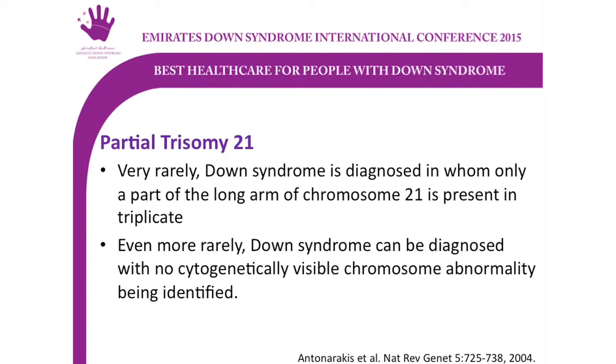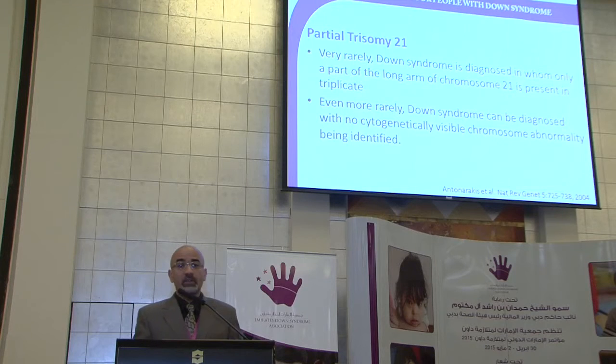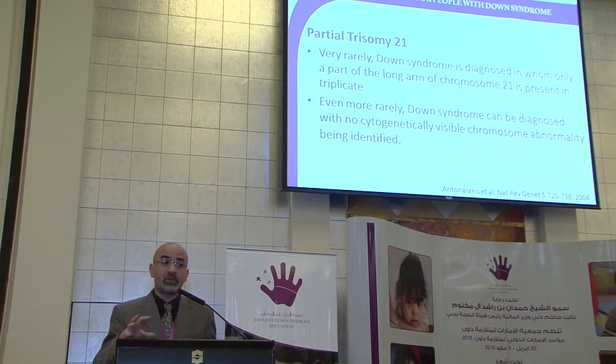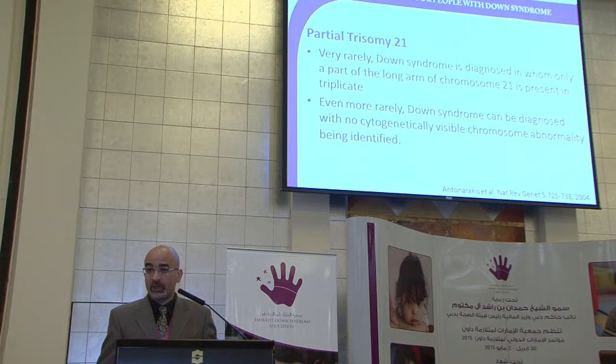Finally, in a very, very rare situation, you see a child with features of Down syndrome, but when you do a karyotype, you count the chromosomes, they are 46, you look at translocations, you don't have a translocation. So in these situations, if you look more carefully, it's what we call partial trisomy 21.